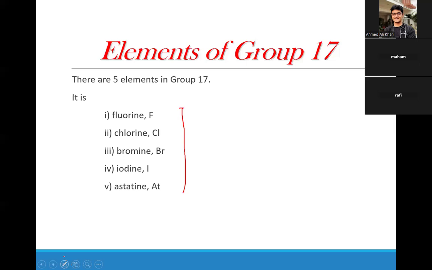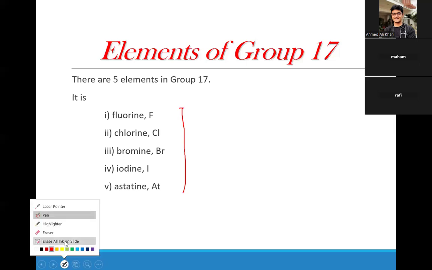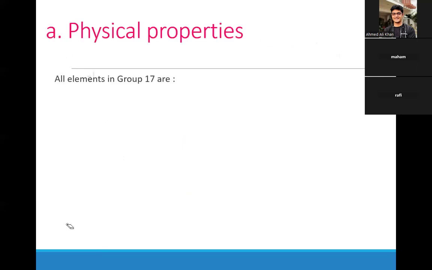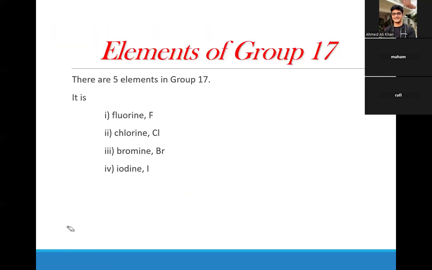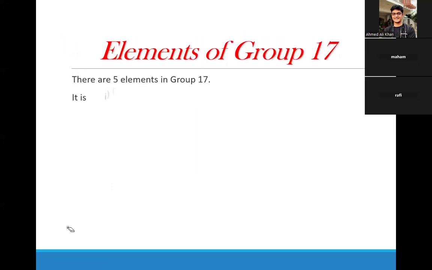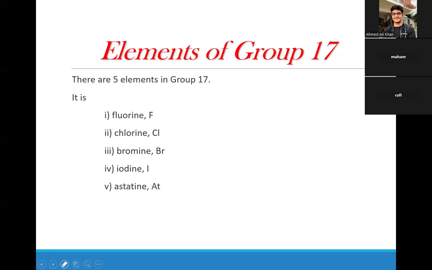Okay, so we're going to start with group 7 elements. The group 7 elements are fluorine, chlorine, bromine, iodine, and astatine. If you go from top to bottom, this is the order of elements that you find.